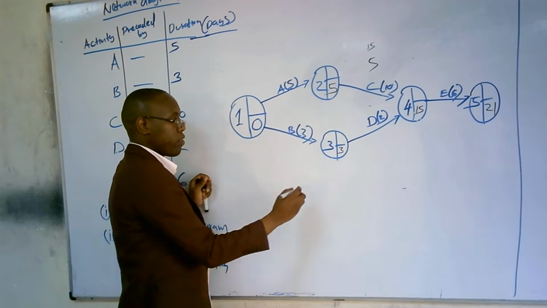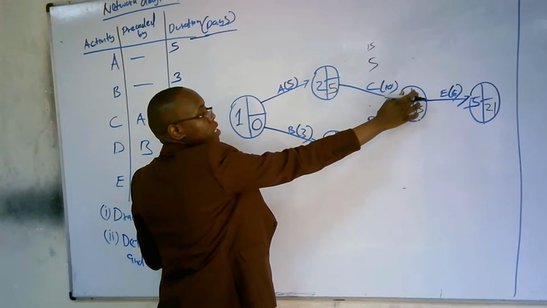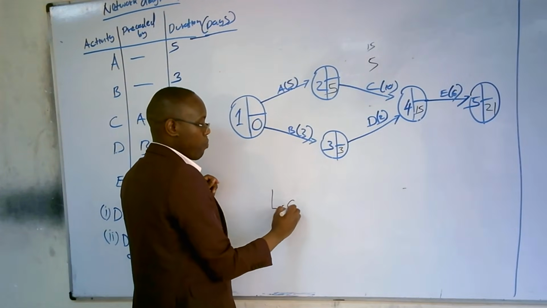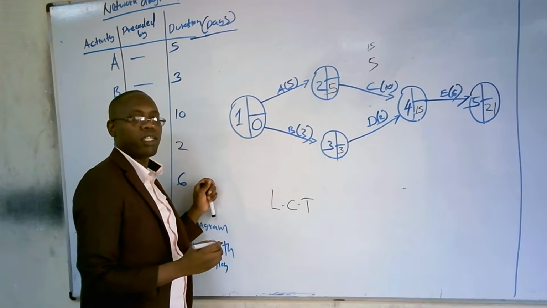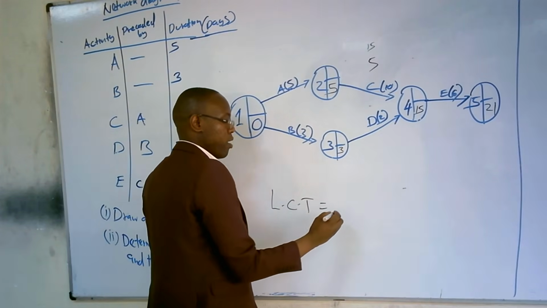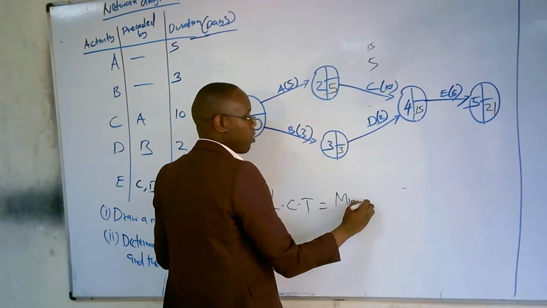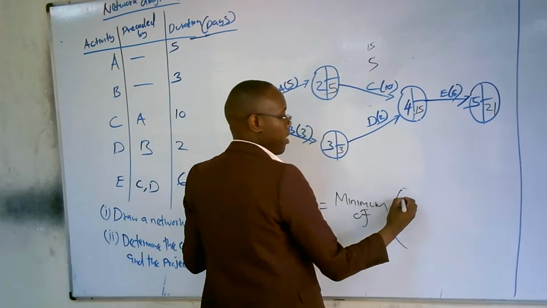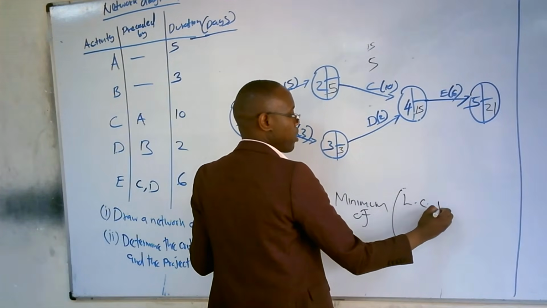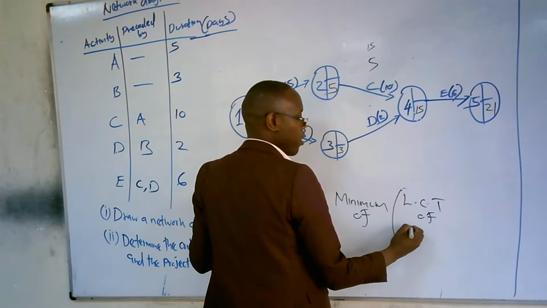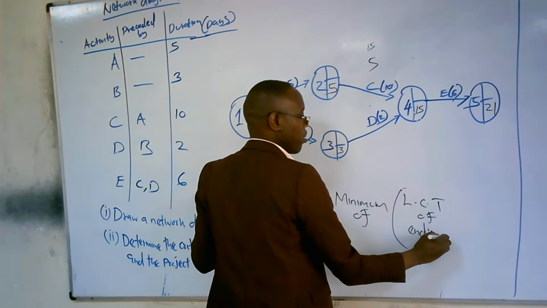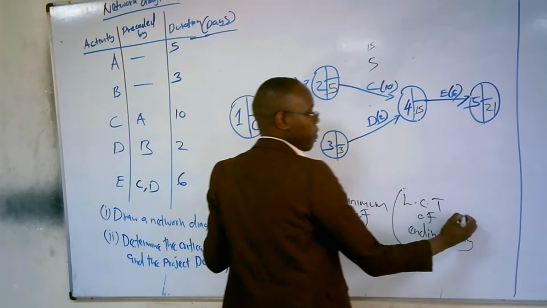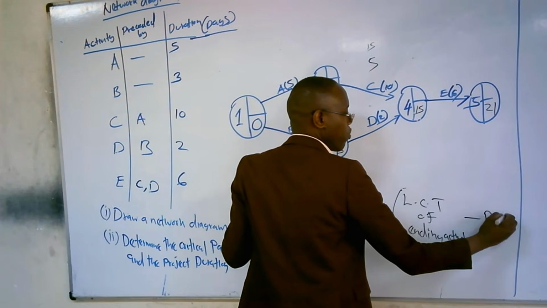So backward pass is finding actually the latest completion time, the upper quadrant here. When we want to get the latest completion time, we are going to take the minimum of, in brackets, the latest completion time of ending activity minus duration.